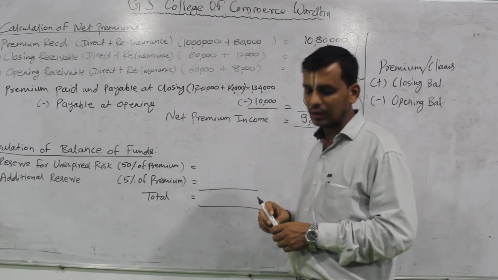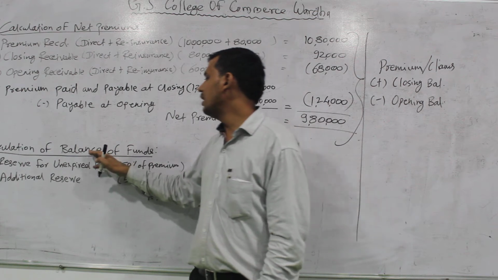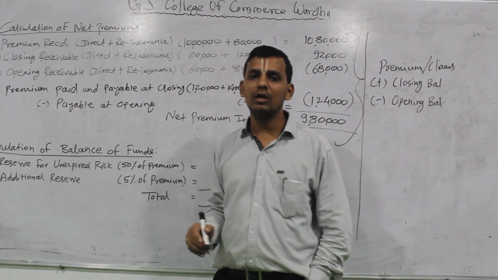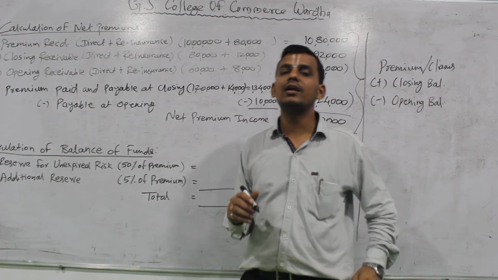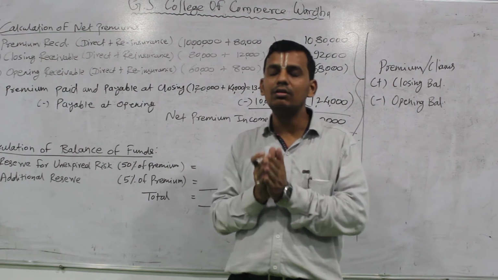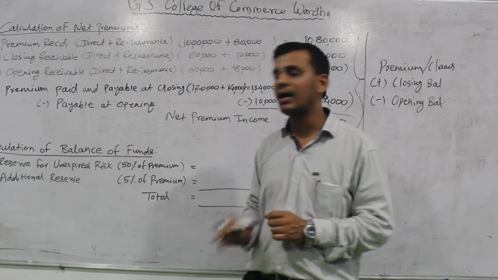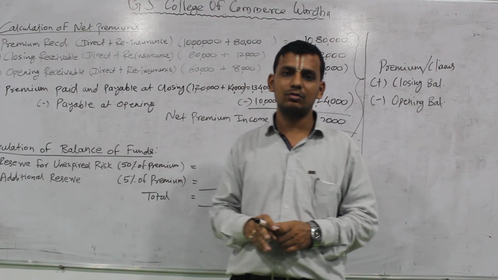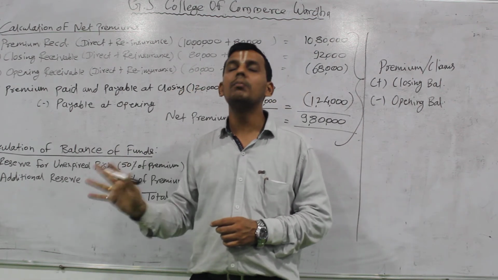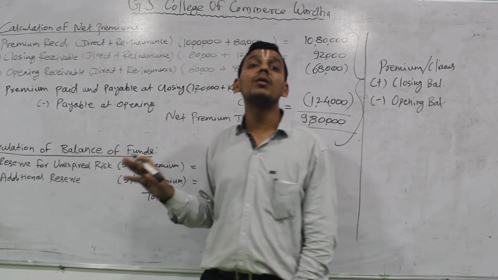The second thing the question asks for is the balance of fund calculation, that is, reserve for unexpired risk as well as additional reserve. Whenever an insurance company is engaged in general insurance, it has to create 50% of its premium as a reserve for unexpired risk. But for marine business, this percentage is 100%.